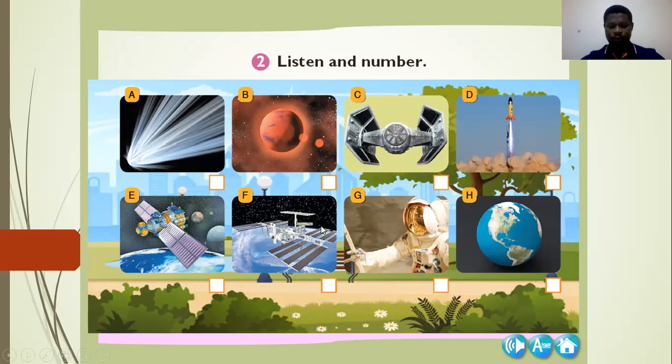We live on Earth. 6. A rocket is in the sky. 7. Mars is a planet. 8. There's a comet in the sky.